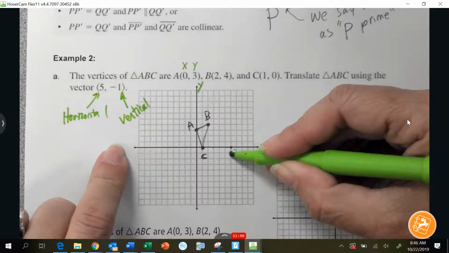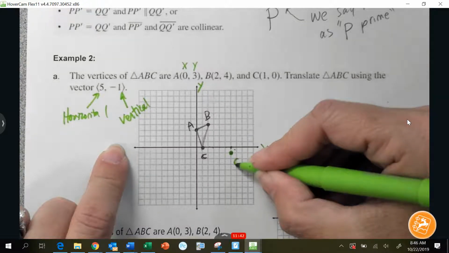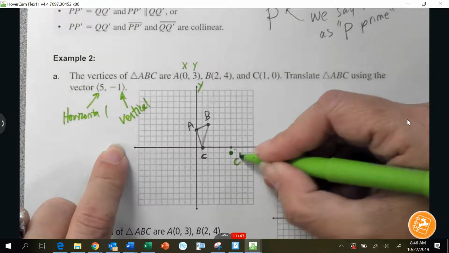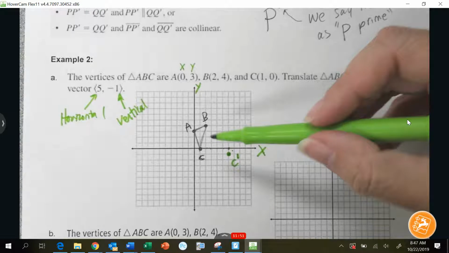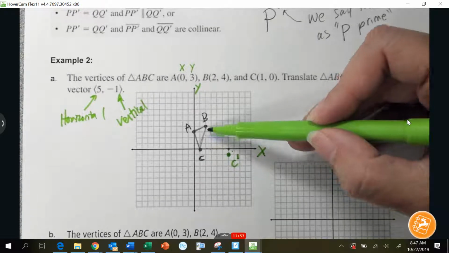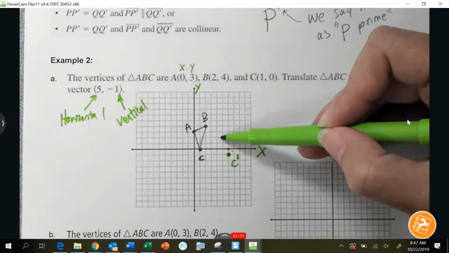Down 1. So that's going to be C prime. See how I label apostrophe, C prime. Now I'm going to do the same thing to A and B. I'm going to move each of those 5 right, down 1.